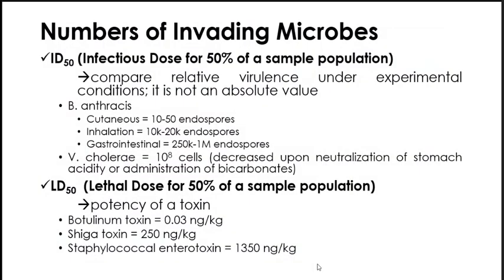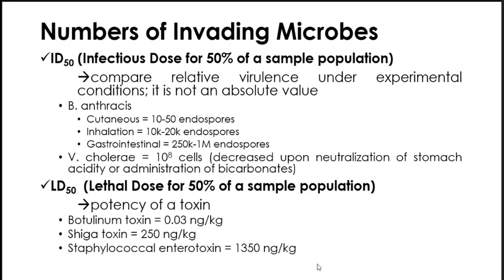And of course, we have here the numbers of invading microorganisms, where we are checking for the infectious dose or the lethal dose. The infectious dose is the number of microorganisms that would be able to cause the infection.